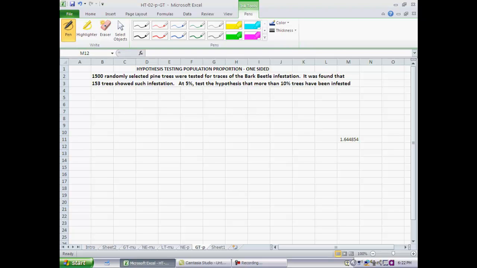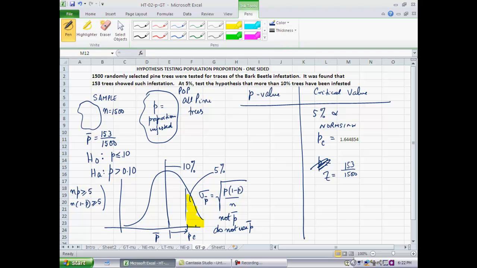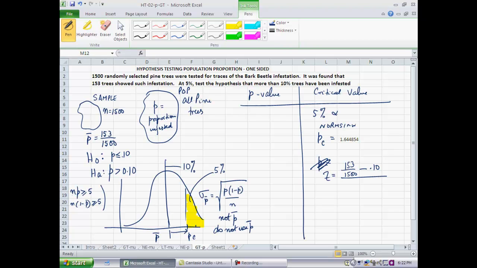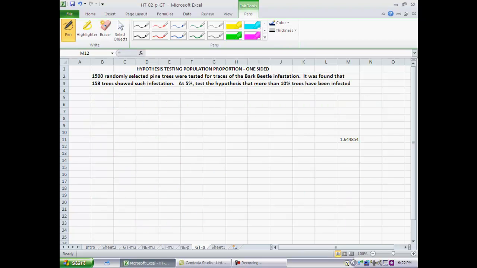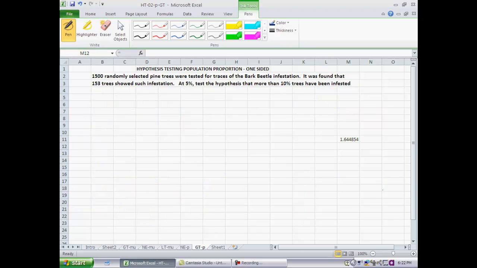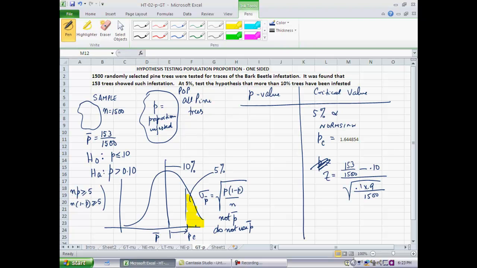That's the sample proportion that I obtained, 153 out of 1500 trees, minus 10%, divided by square root of 0.1 times 0.9 divided by 1500. That's the sample size. Okay, so that's the Z value. That's how many standard deviations away the sample statistic is.